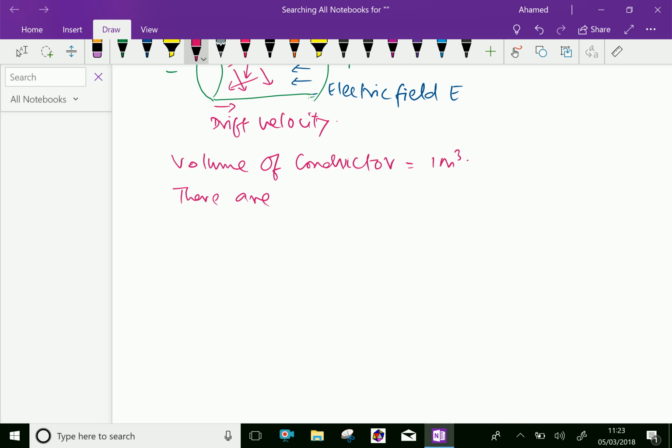Then the axial velocity of these electrons is equal to v meter per second.